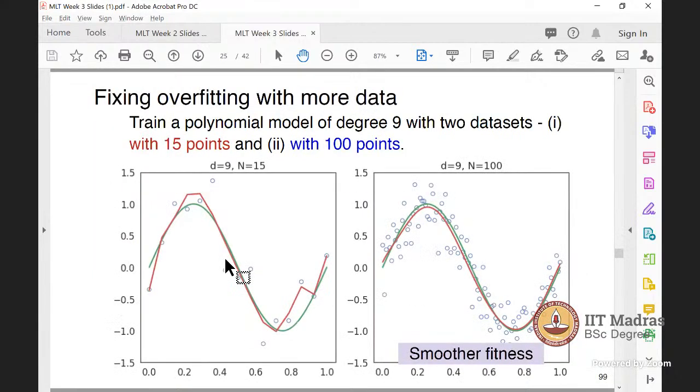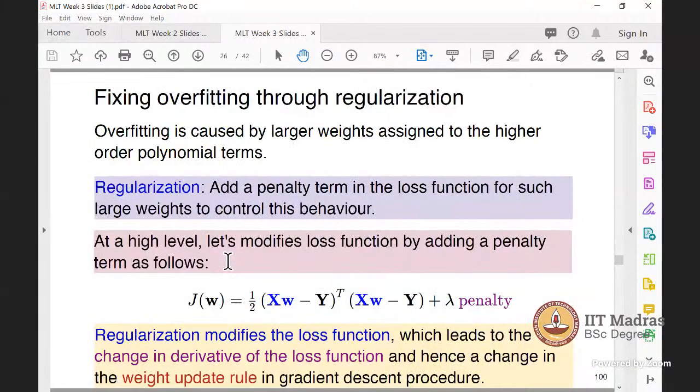They could be large negative numbers or large positive numbers, and this is what we want to avoid. So in our loss function, we add a penalty term, which is some function of our weight vector. Lambda is our regularization rate. Sorry, how much do we want to suppress the individual parameters of the weight vector? That is controlled by lambda.